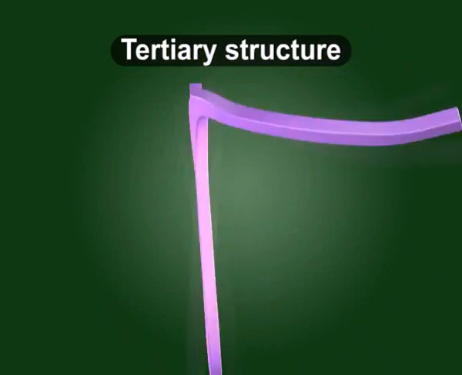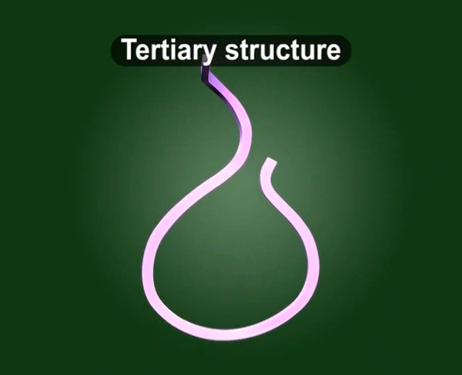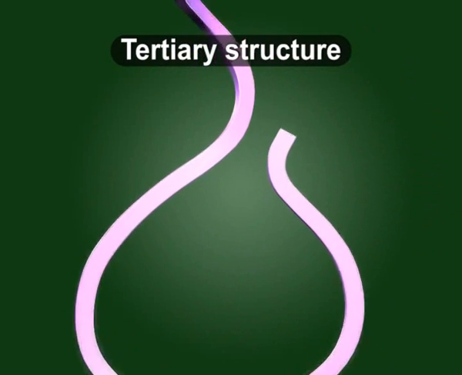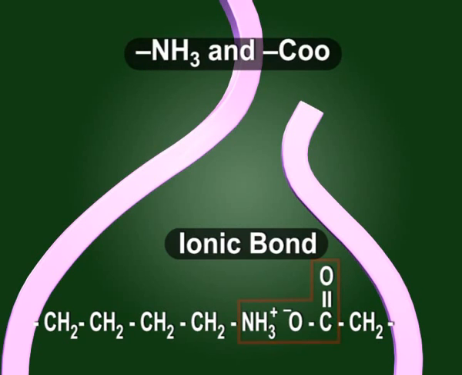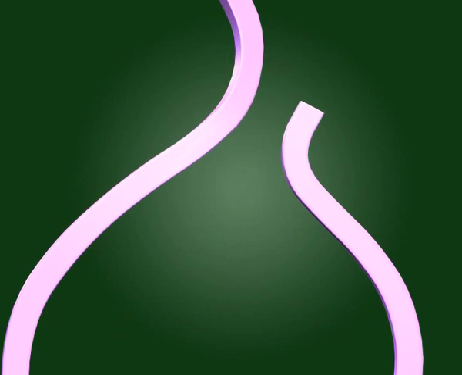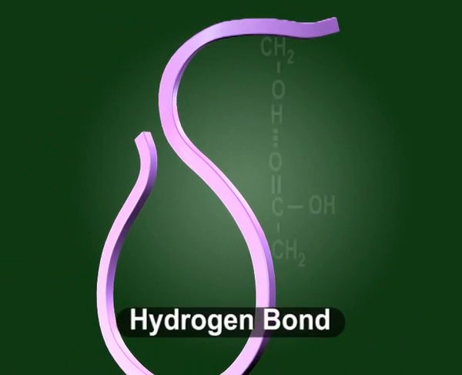The tertiary structure is maintained and stabilized by three types of bond. Ionic bond. Such bonds are formed due to attraction of forces between oppositely charged ionized groups. Examples are NH3 and COO. Hydrogen bond.